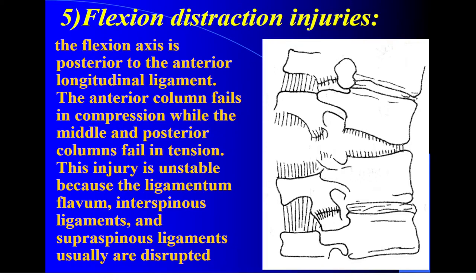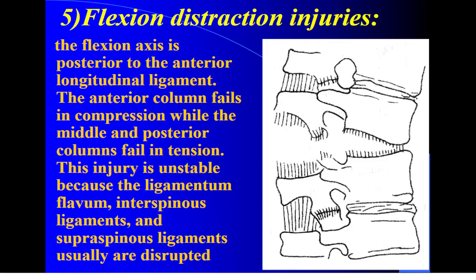As I said before, from the Denis supporting column theory, we know that if you have distraction forces, most of the loading will be absorbed by the posterior supporting elements, such as the facet joint, interspinous ligament, supraspinous ligaments.